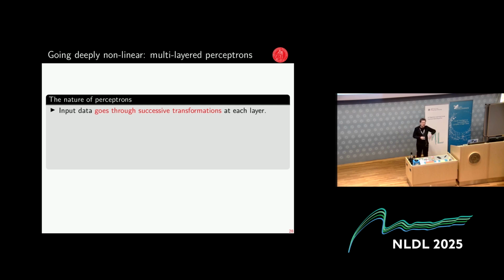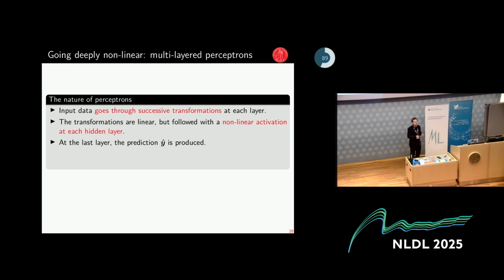So we apply some transformations, like the one that I mentioned a few slides before, to our input data. And the transformations themselves are linear, but after each layer, we have some non-linear activation function, which makes the trick, right, and transforms the data so that if some transformations are needed to make the dataset linearly separable, then these transformations will be learned, right?